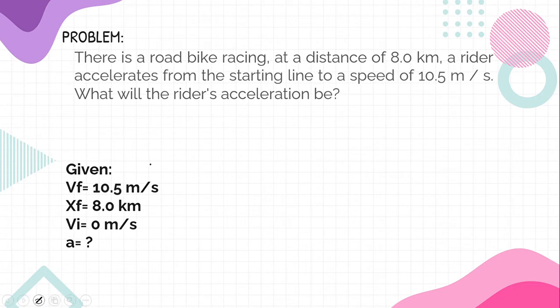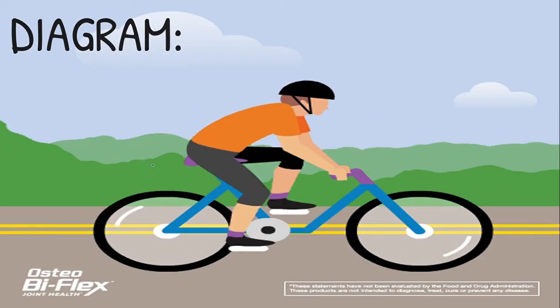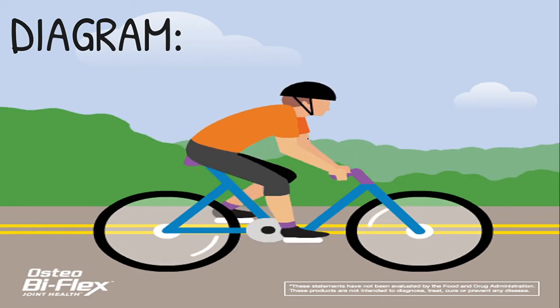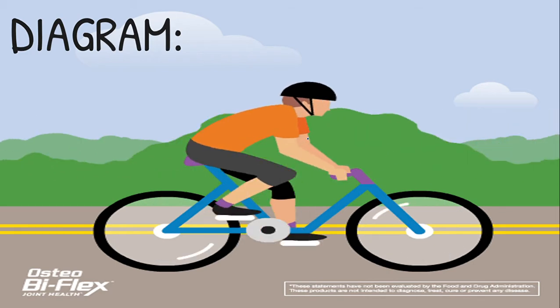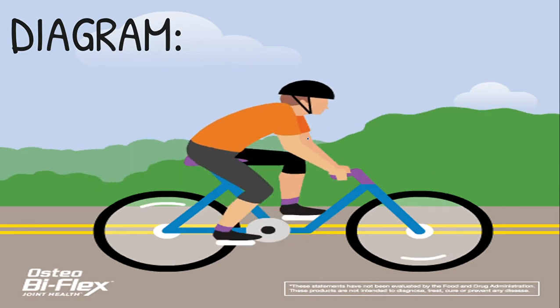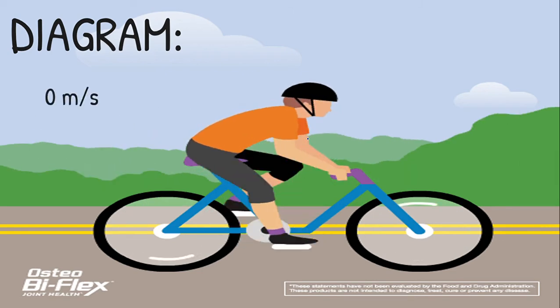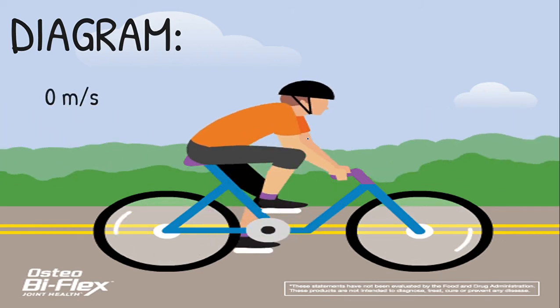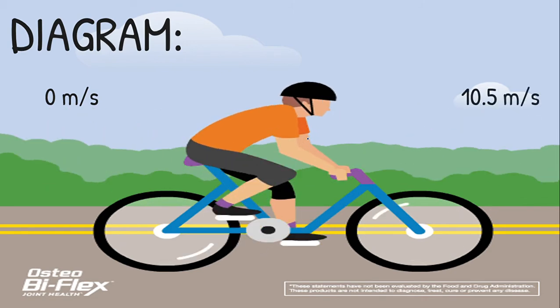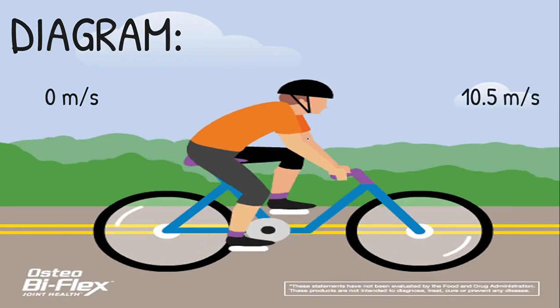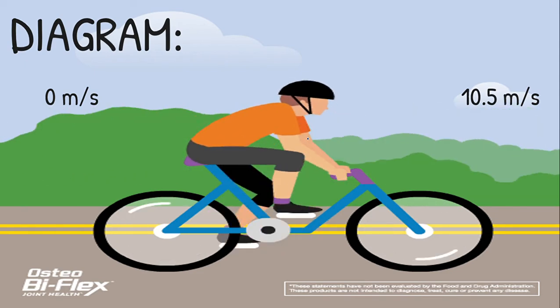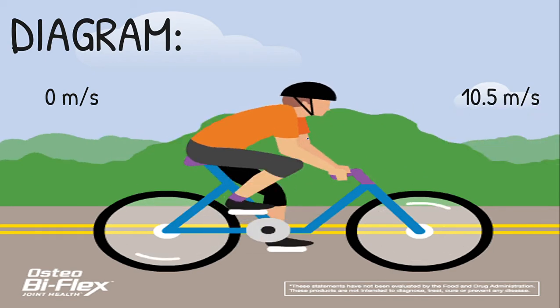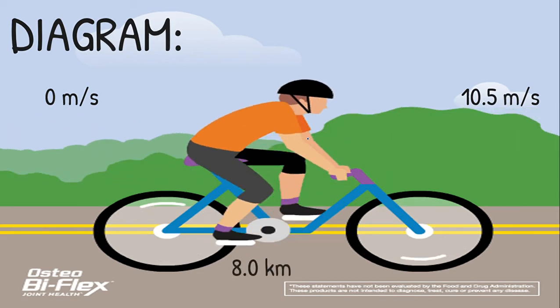Now let's proceed to drawing our diagram. The diagram that I've done is moving for you to further visualize what is happening in the problem, in which 0 m/s will be its initial velocity when the rider is on the starting line, and 10.5 meters per second is its final velocity when he is accelerating or traveling at a distance of 8.0 kilometers.